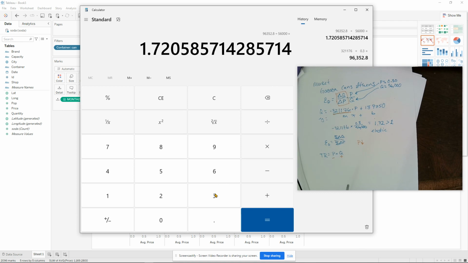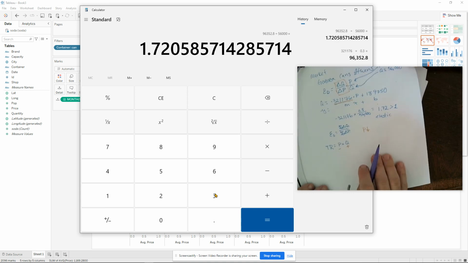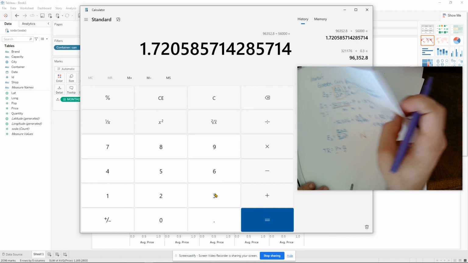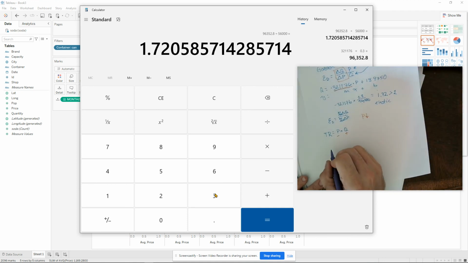I could also ask you another question, which might be something like, if prices go down by 10%, then what's the percentage change in quantity equal to?